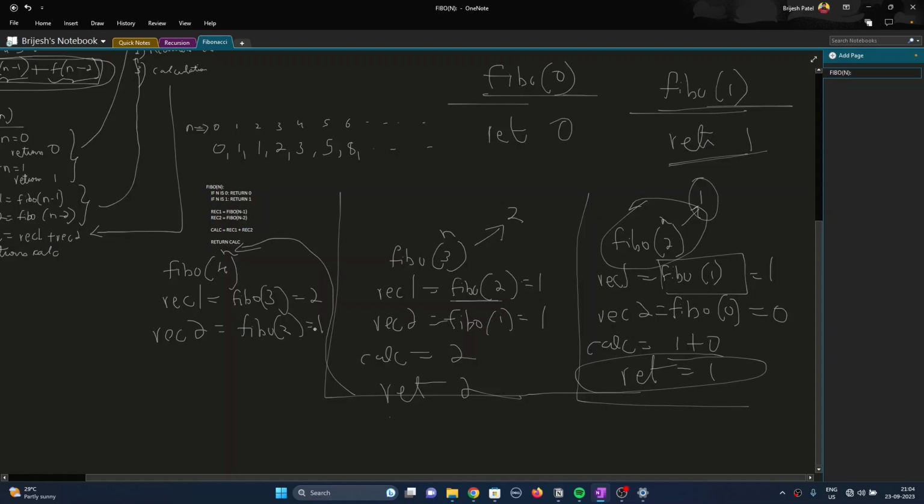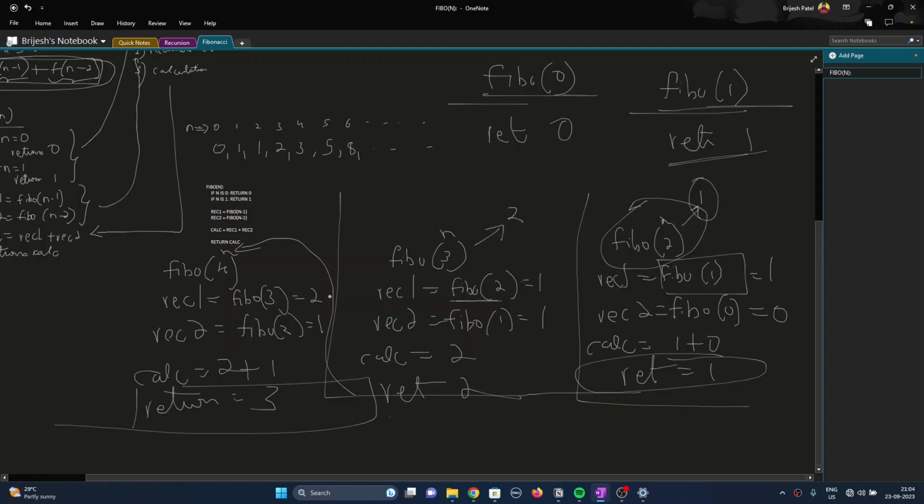Here we are returning 1. So REC1 is 2, REC2 is 1. Then we do the calculation, which is REC1, that is 2, plus REC2, that is 1. Then we return 3. So if n is equal to 4, our answer is 3.